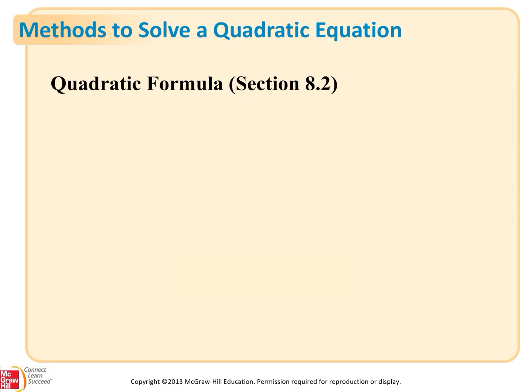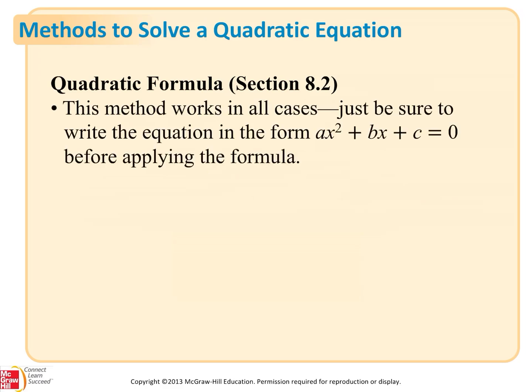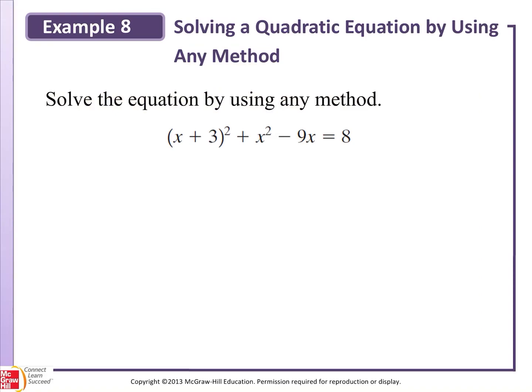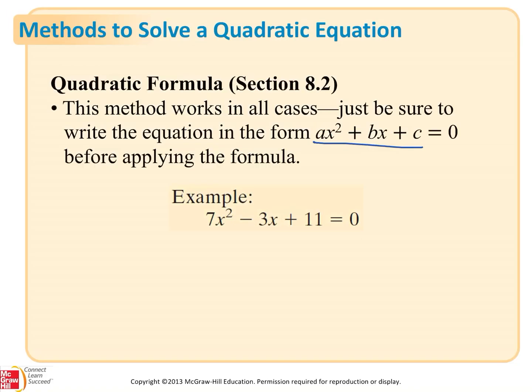The other is the quadratic formula, where if it's in this form, then you would plug it into the quadratic formula, which is, I don't know why it's not on here, negative b plus or minus the square root of b squared minus 4ac, over 2a.